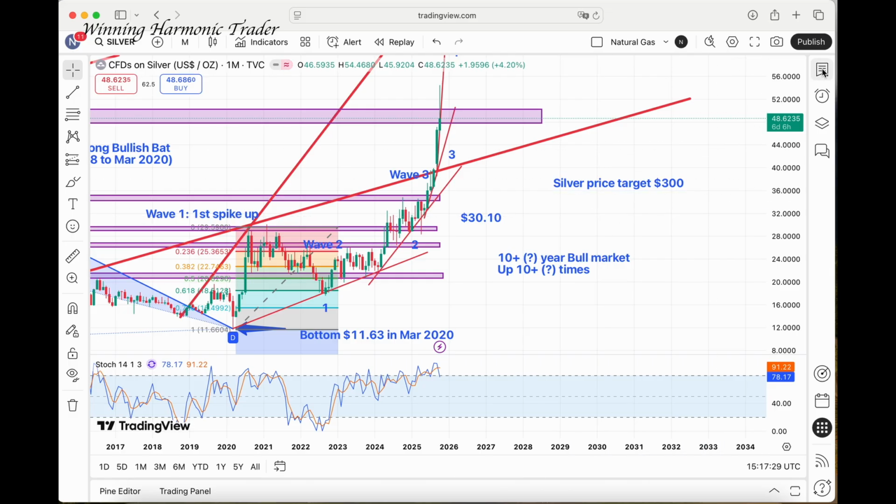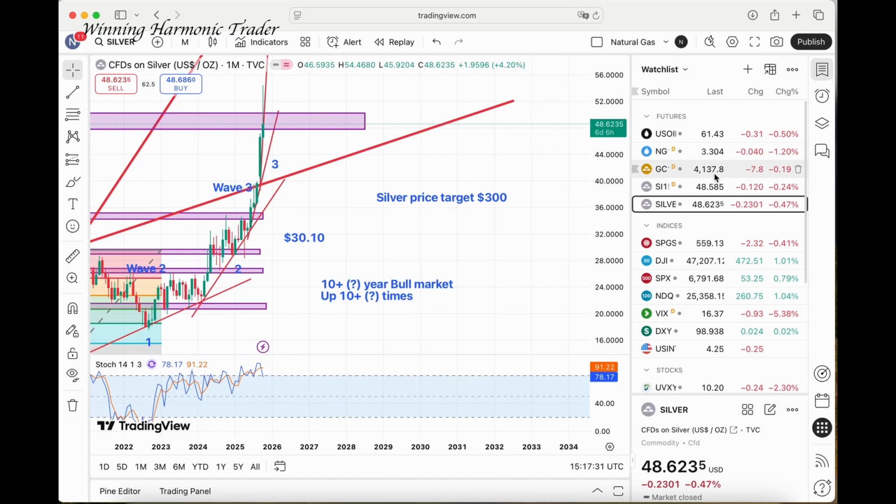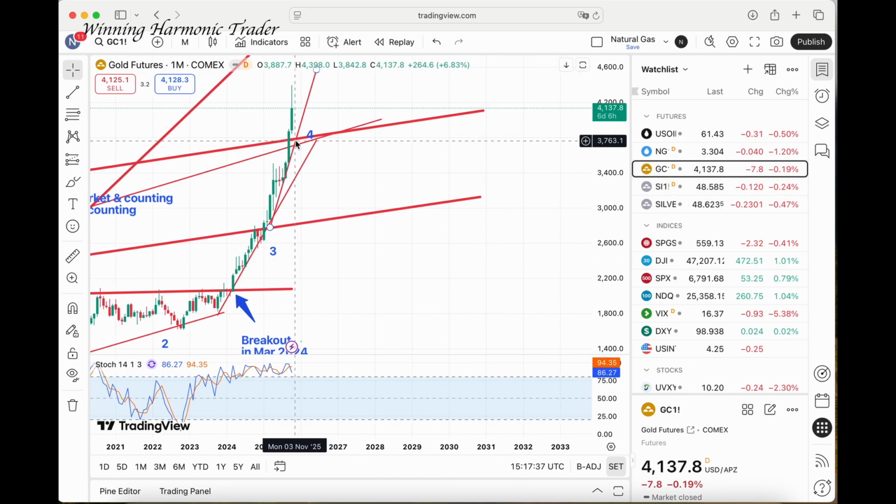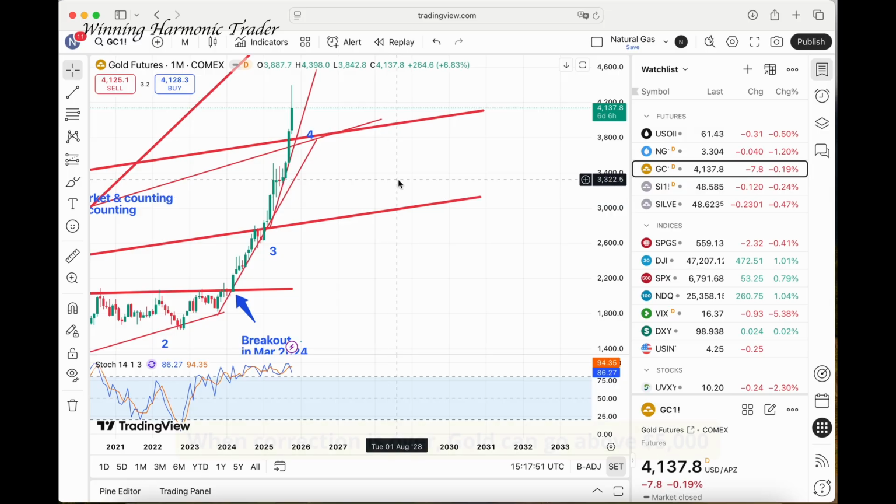So when you look at gold, gold is now 4,000 and change, right? And it went up to 4,398, right? So there's a good chance when this correction is over, gold can go above 5,000, right?